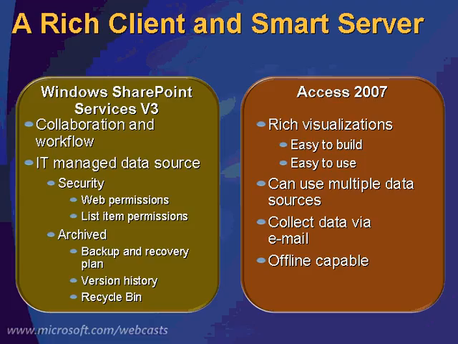Also, it allows us to put the application up onto the SharePoint site, and then anyone that we grant access to that SharePoint site would be able to work with the data directly. And the Outlook application or the Access application becomes a rich client that is accessing the data through linked lists of what's on SharePoint.